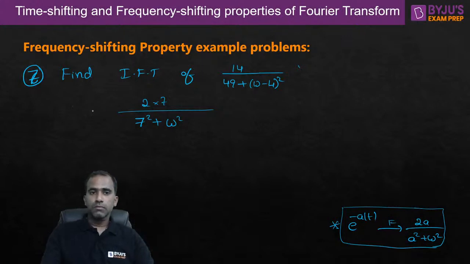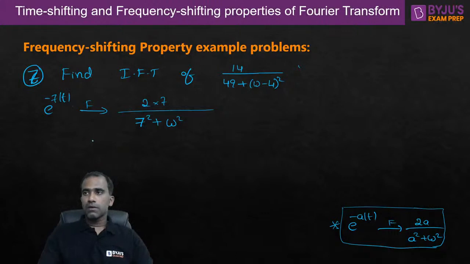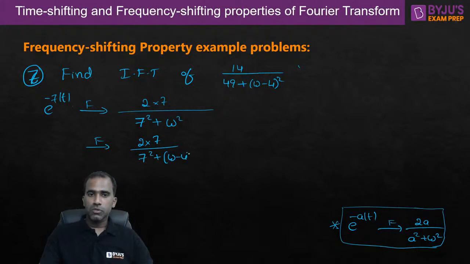So look at this function. What is the inverse Fourier transform of this function? In place of a we are having 7 here. So it is e power minus 7 mod t. Okay. Now what are we seeing here? We don't want the inverse Fourier transform of this one, but a modified version of this one. So 2 into 7 divided by 7 square plus omega minus 4 whole square.